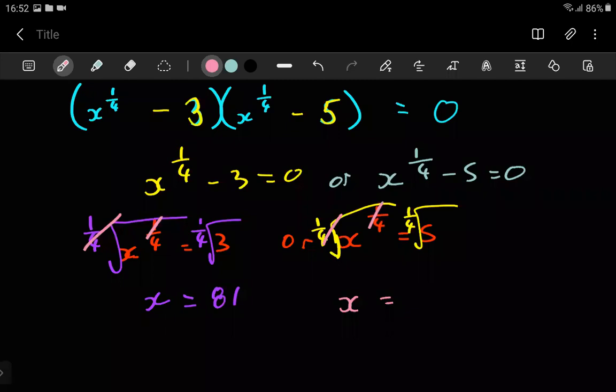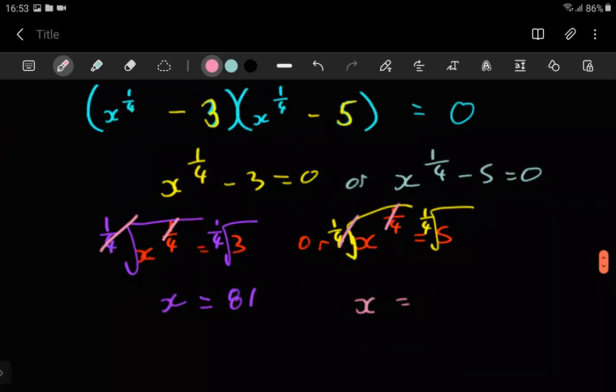Okay, delete that. 5 gives 625. There we go.